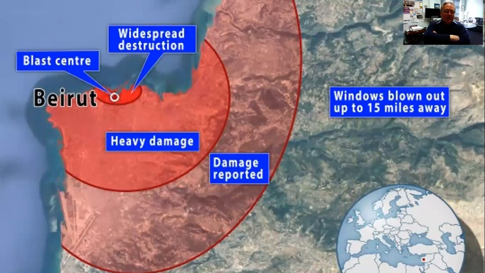You can see where the blast center was, and of course that's the widest area of the heaviest destruction. But as you can see with the radiuses, it was about a 6-mile circle of heavy damage. So, okay, Mike.